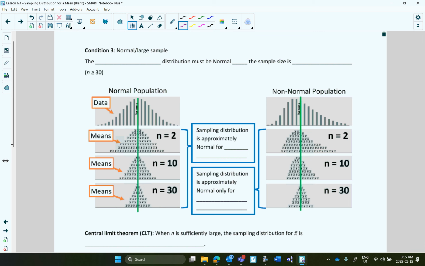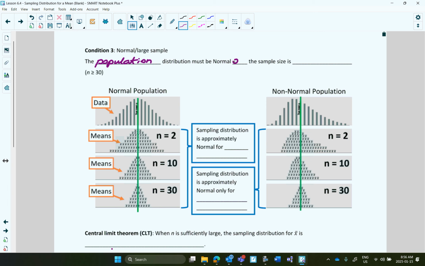We don't do the sample proportion times n is greater than or equal to 10 and n times 1 minus the sample proportion is greater than or equal to 10. We use something different. It's called a normal or large sample. So one of two things has to happen. You either have to be told that it's normal, in which case you don't have to worry about this condition, if it says in the question that it's normal.